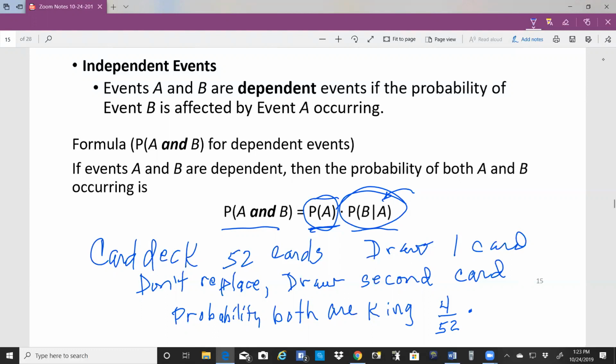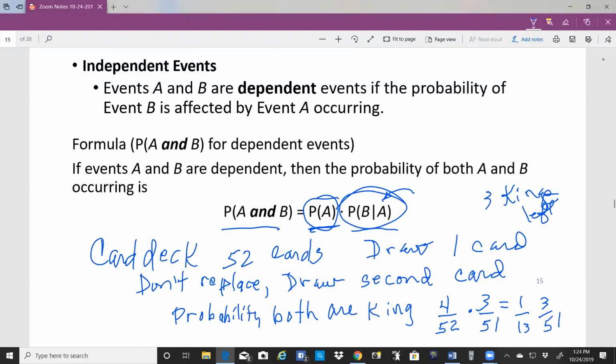Well, if the first card was a king, you've only got 3 kings left. So the probability out of the 51 cards that are left that you get another king is 3 out of 51. So that's equal to 1 out of 13 times 3 out of 51.